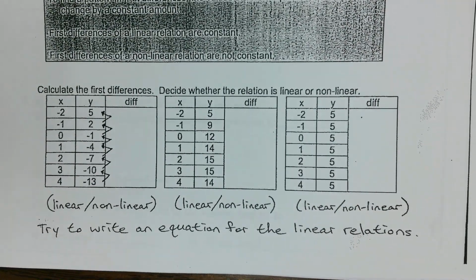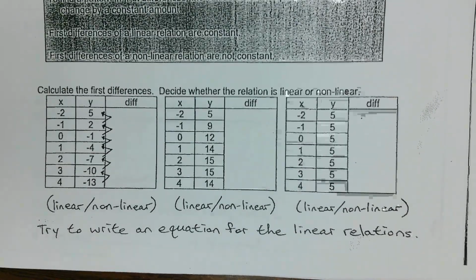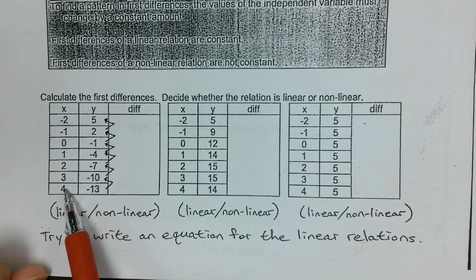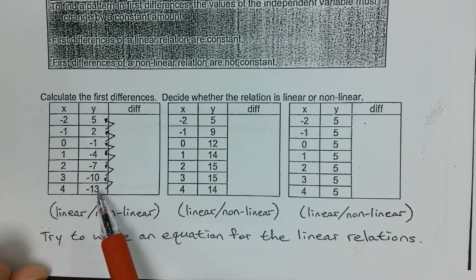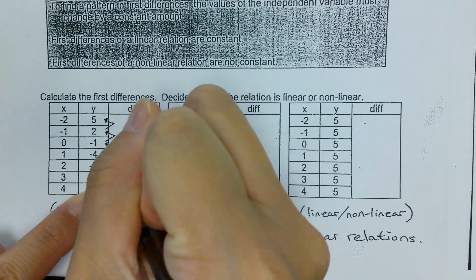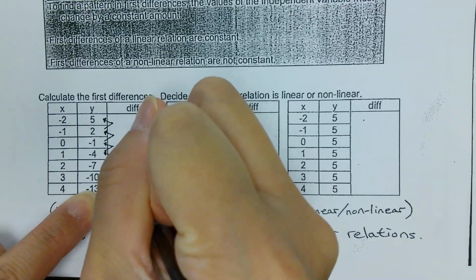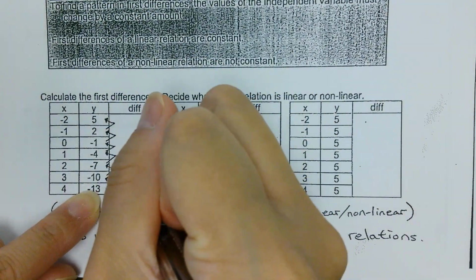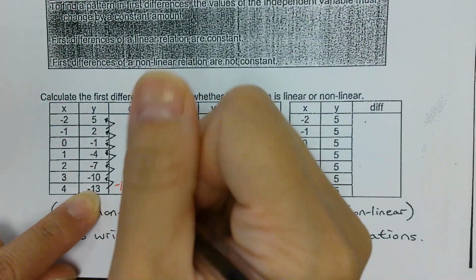Be careful with when you subtract. So here, first off, are my x going up constantly? Yep, going up by 1. So I can subtract my y value backwards. Negative 13 minus negative 10.